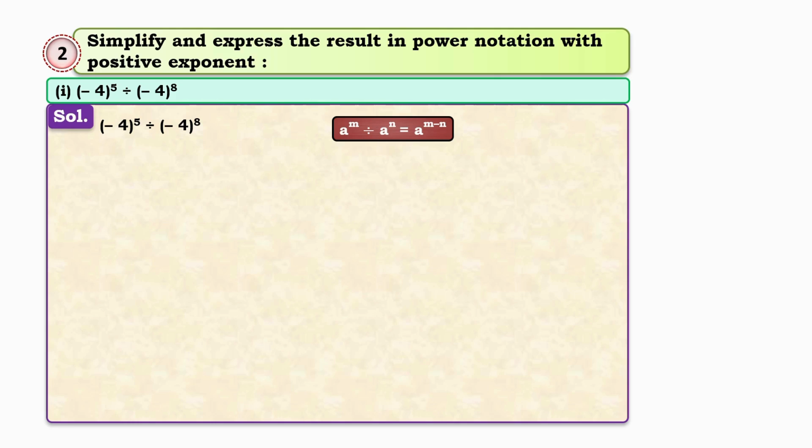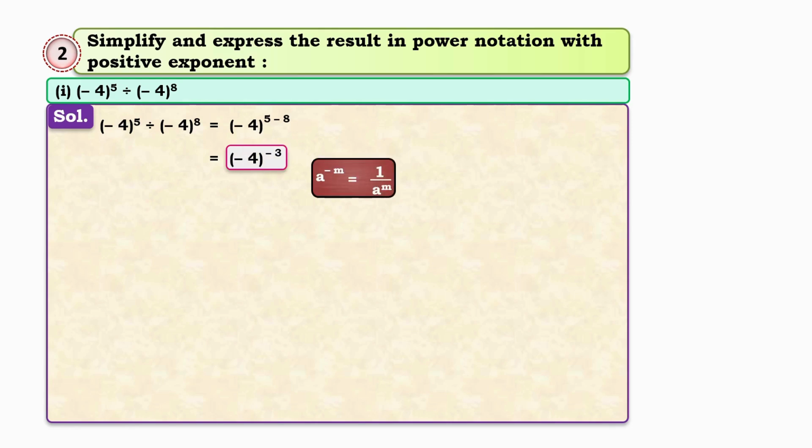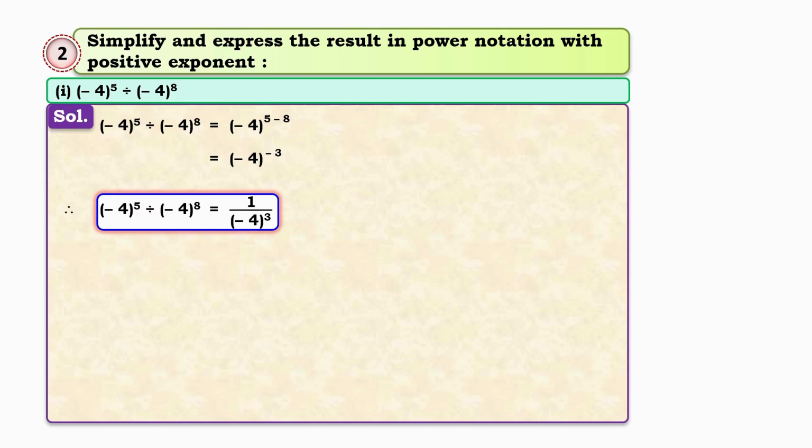So here if you can check that the bases are same, that is minus 4. So minus 4 to the power minus 3. Now we are going to apply this law a to the power minus m equal to 1 by a to the power m. So this is the final answer.